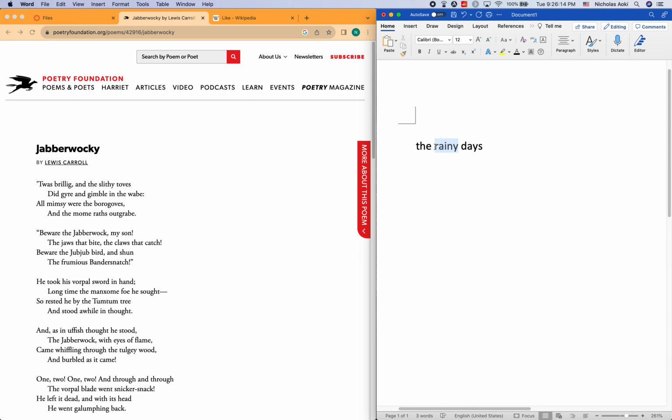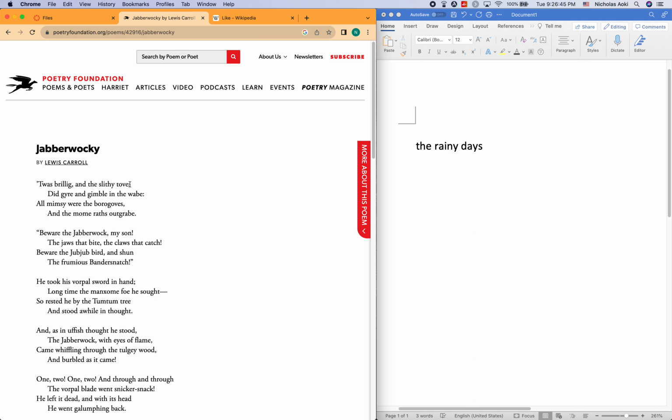The adjective rainy is followed by the suffix y, and many adjectives in English pattern the same way. The noun days has the suffix s, and that's also quite common in English. So we can use what we know from actual English words to guess that slithy is an adjective because it has the suffix y, and that toves is a noun because it has the suffix s.